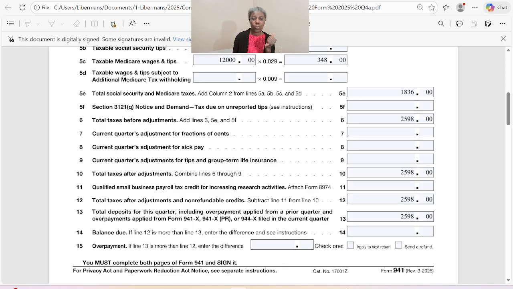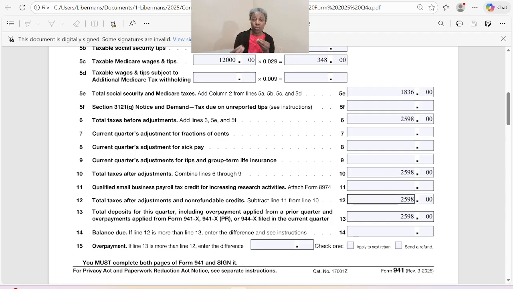Line 12, total tax after adjustment and non-refundable credit. So it's taking line 10 minus that credit, and it's giving you line 12. So if that credit is 25.98, for instance, then line 12 will be 0. But since our credit is 0, then our line 12 is 25.98.